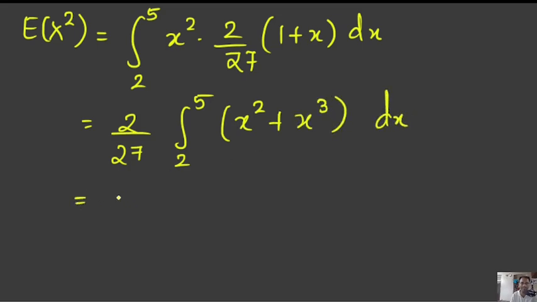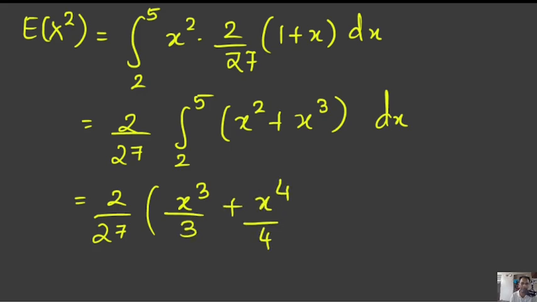You integrate this: 2/27, and this integration will be x³/3 + x⁴/4 from 2 to 5. Now substitute the values.